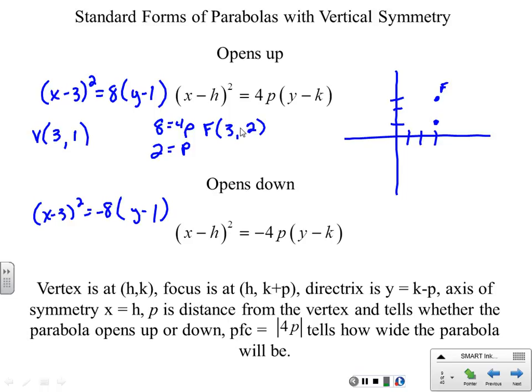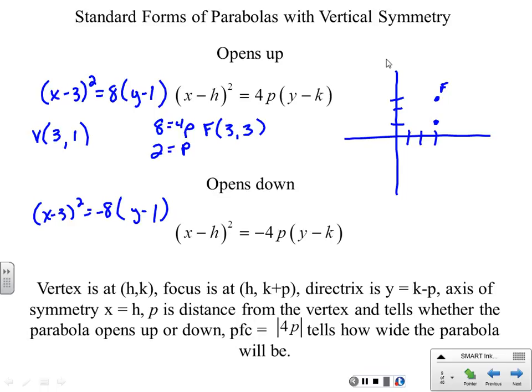Take your K. K is 1. And add P to it. 2 plus 1 is 3. Well, look, I've already got it here. 1, 2, 3.